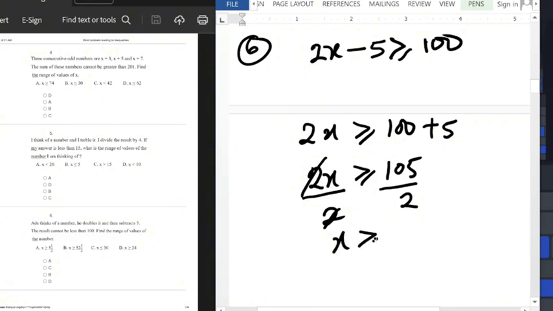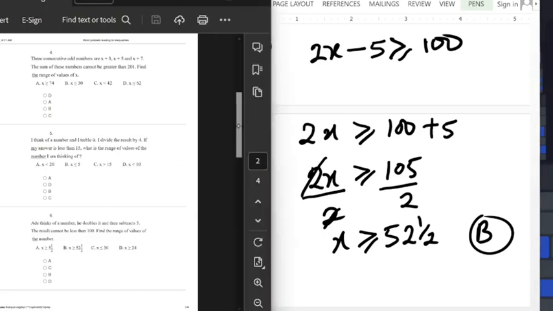So x is greater than or equal to 52 and a half. As you can see from the question, x is greater than or equal to 52 and a half. So we go to the next question. Okay, number 7.